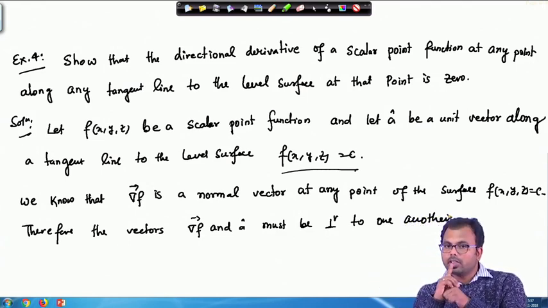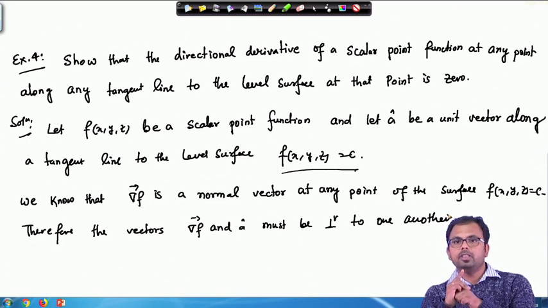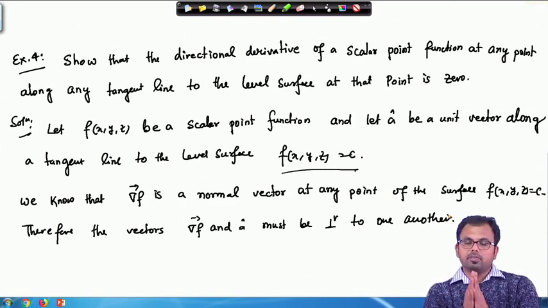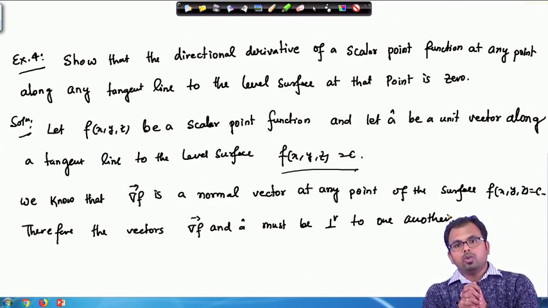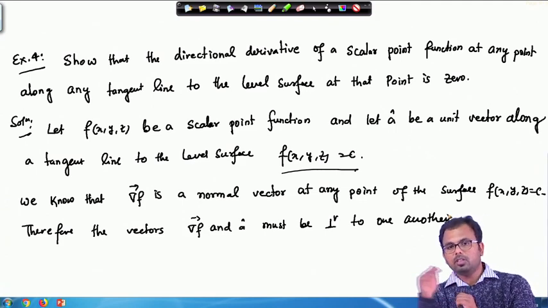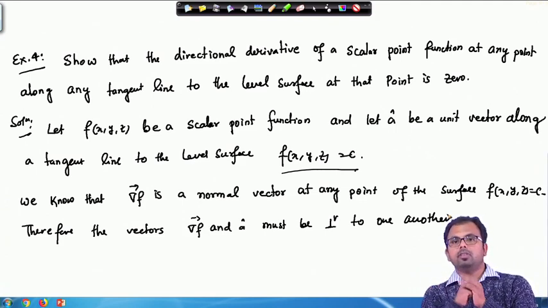Now, remember, to calculate the directional derivative we always need the gradient of f at a certain point p dot product with a cap, where a cap is the unit vector in the direction in which we are calculating the directional derivative.